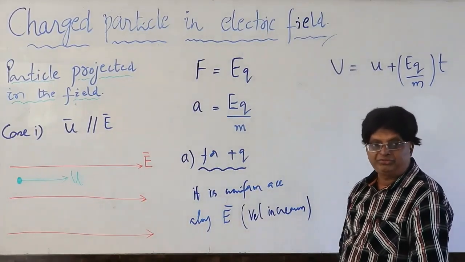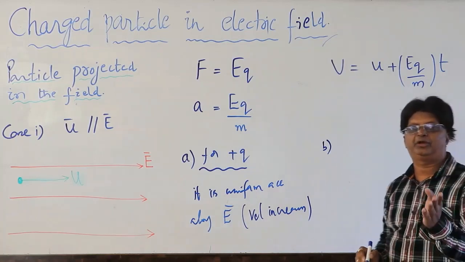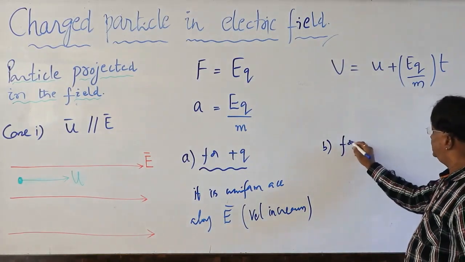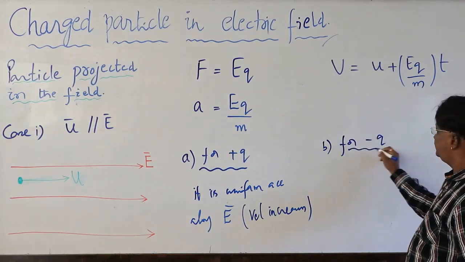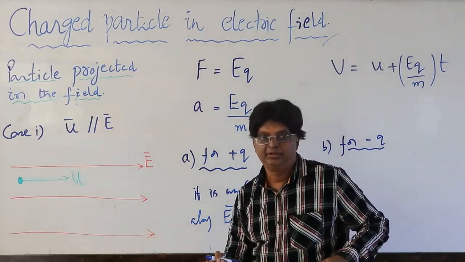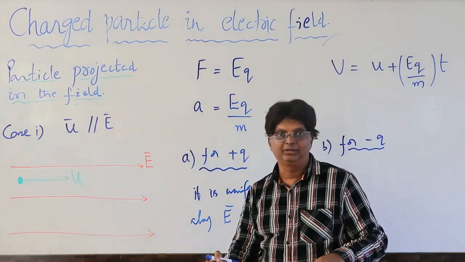Now what about negative charge? Right? So if I am writing the case for negative charge, it is now your turn to use all your simple common sense. For negative charge, what happens? Negative charge always experiences force and accelerates opposite to the electric field.